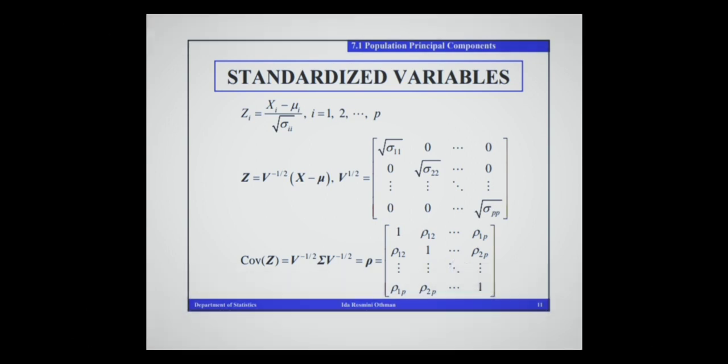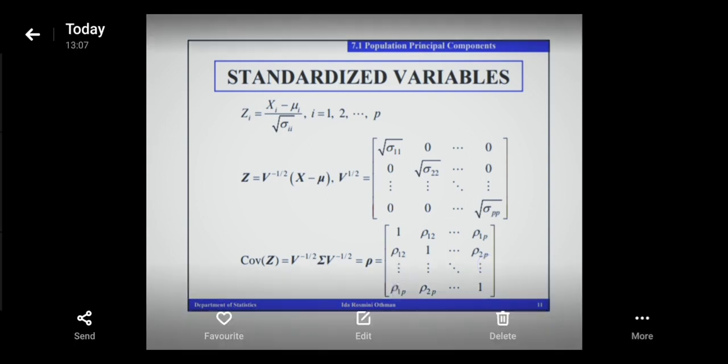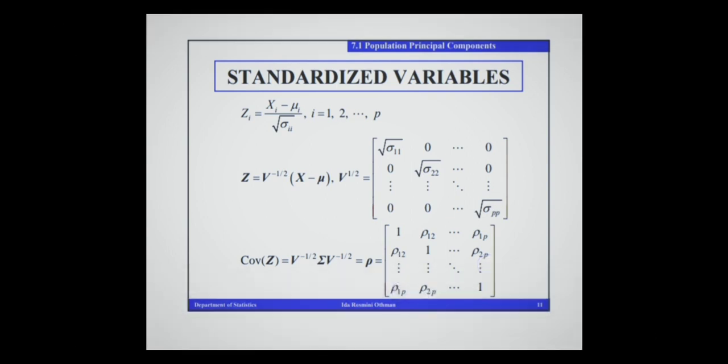And the other elements, row 1, 2 here, mean the correlation between the first variable and the second variable. So the other elements will have the values of correlation between the variables. The main diagonal will be 1.